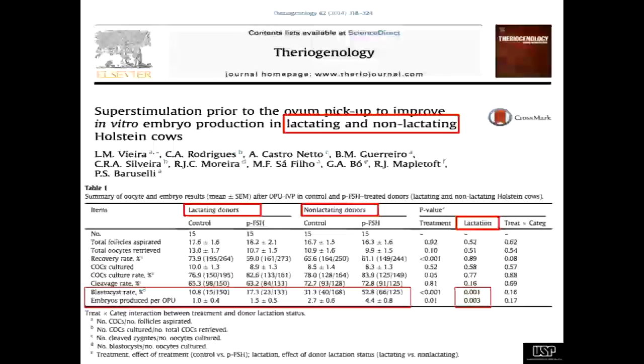We also treated the donors in a 2x2 factorial with FSH, and we improved the efficiency of IVF in lactating and non-lactating donor cow treated with FSH. But I show you the category effect in this data here.